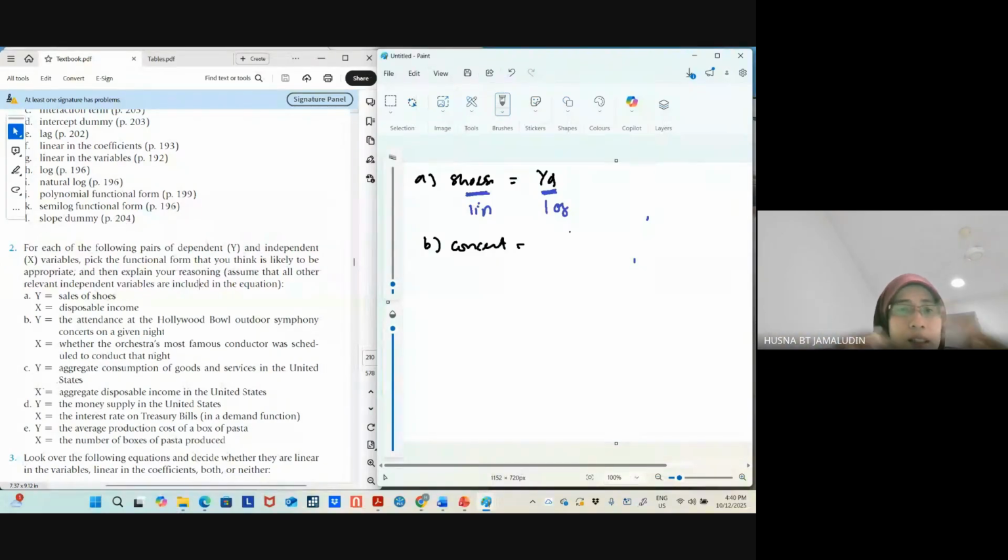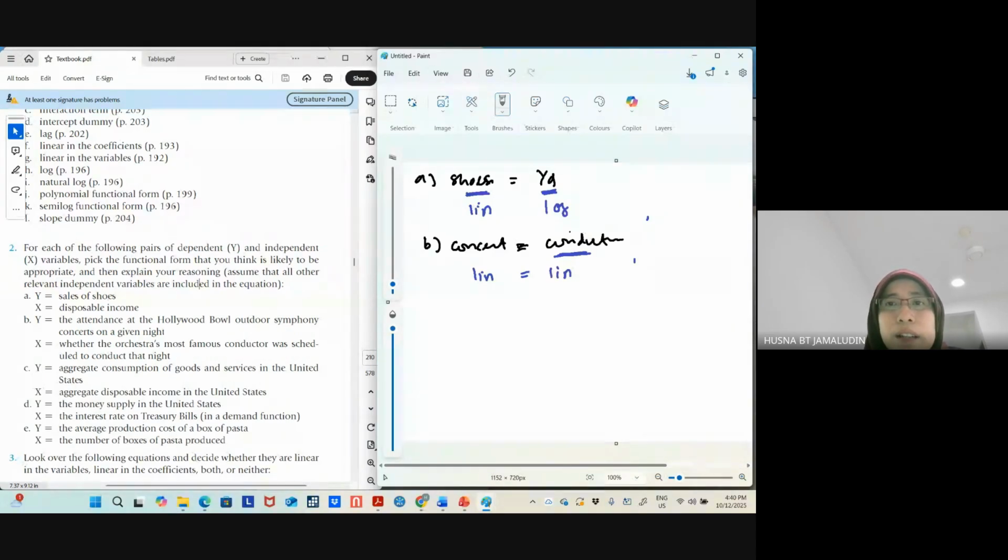So whether the famous conductor, this is like a dummy variable, 0 or 1. So when you have a dummy variable, the relationship will be linear, because it is dummy.